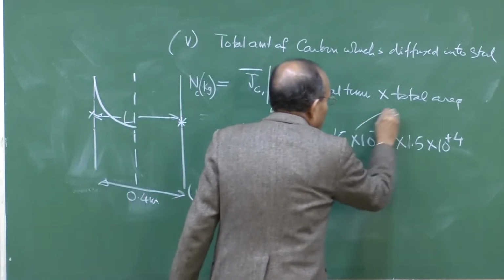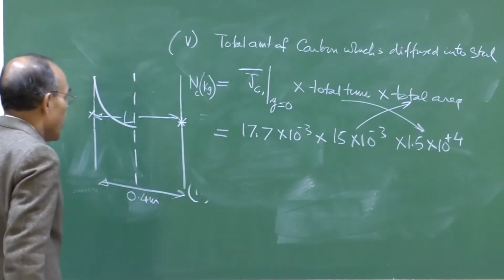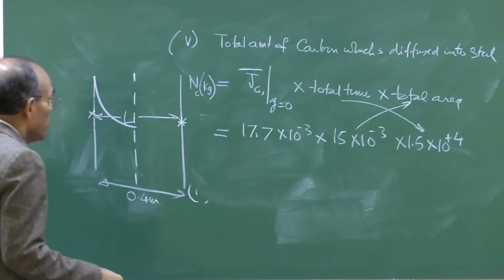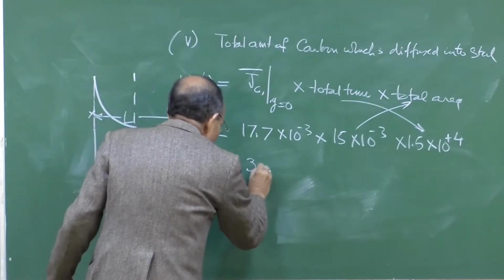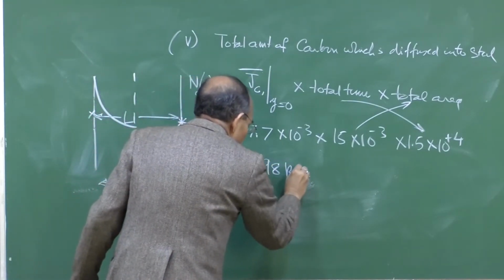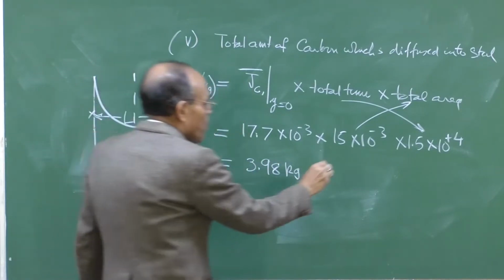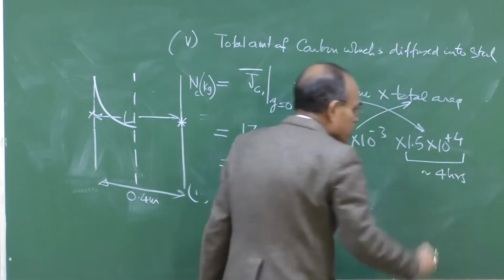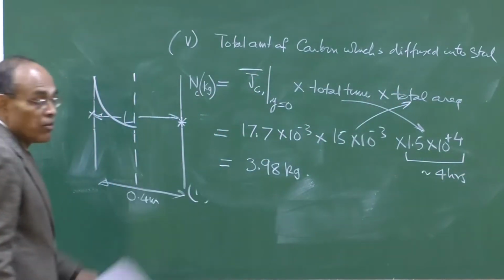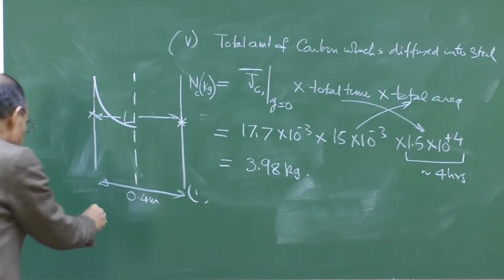So, this is total area and this is total time, and if you multiply these values, this comes out to be approximately 3.98 kg of carbon. And what is the time? This time corresponds to roughly about 4 hours. In 4 hours of time, only 4 kg of carbon has diffused into the system.